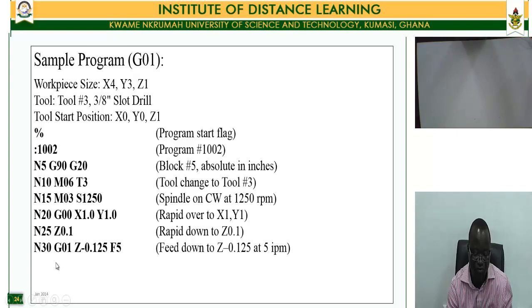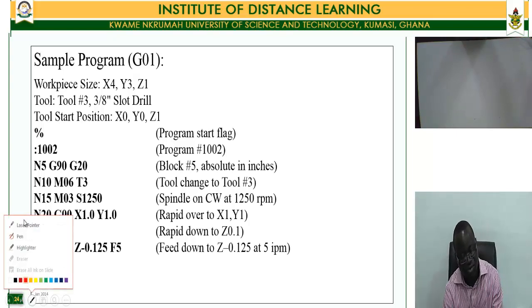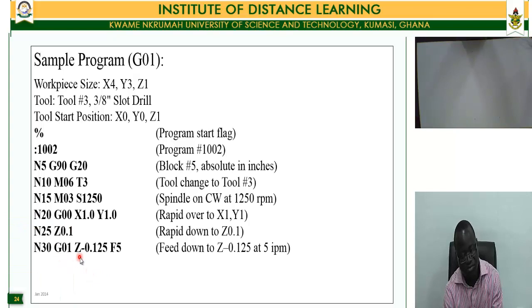So we put F5 there. Okay, that is what this command line means. G01 means a linear feed, and the Z is minus 0.125 at the feed rate of 5 inches per minute.